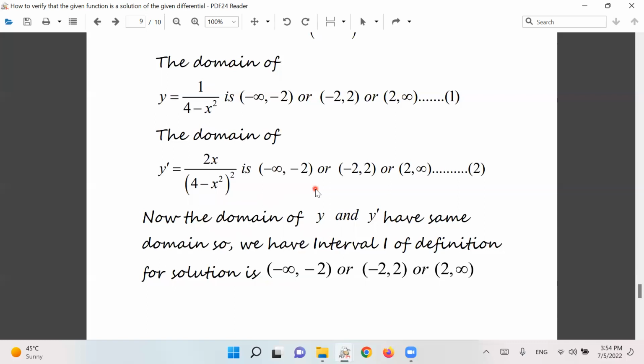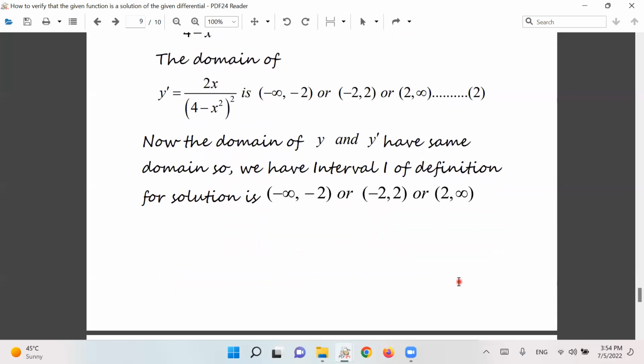Since they are the same intervals, the interval I of the definition for the solution is all three intervals: minus infinity to minus 2, minus 2 to 2, and 2 to infinity.